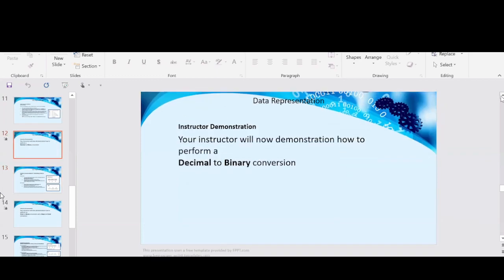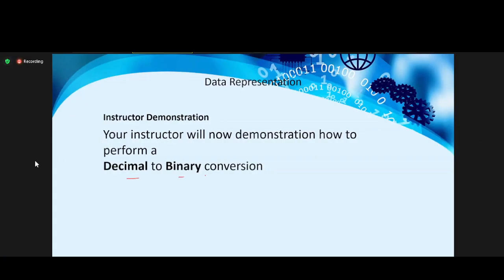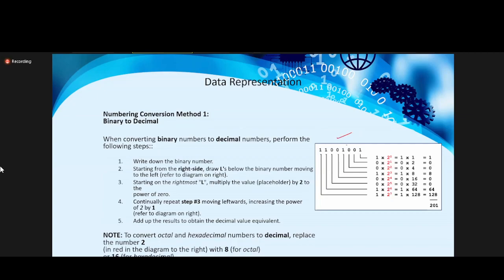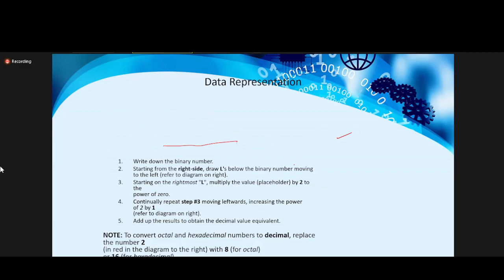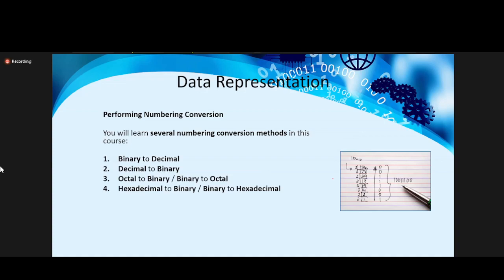This is something we worked on last time, right? So you worked with some examples like this, correct? How to convert binary to decimal and how to convert decimal to binary.